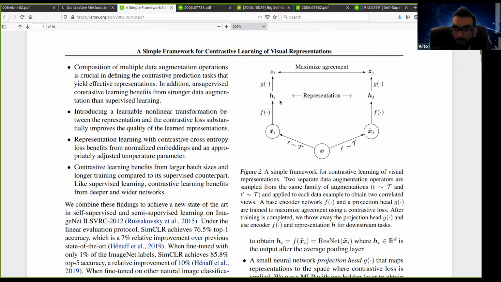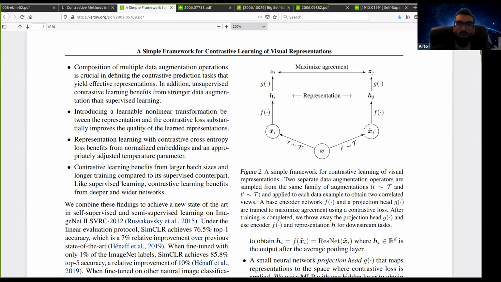So we don't measure the similarity on the hidden representations we want to learn. We have another projection layer, and they found that to be useful for this kind of models, and this can be a nonlinear projection. It works best when this g function is a nonlinear projection.